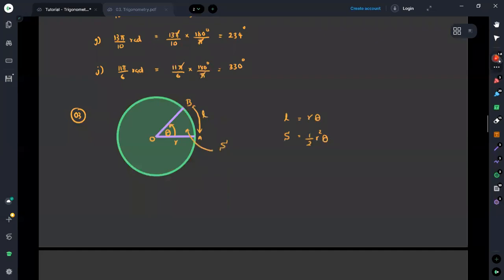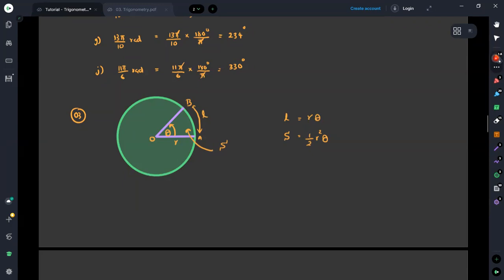These are the equations we can use if we have the length, area, angle, and the radius of the circle.